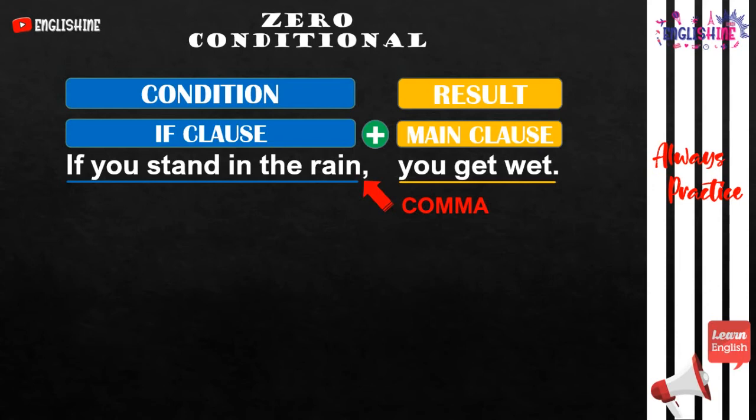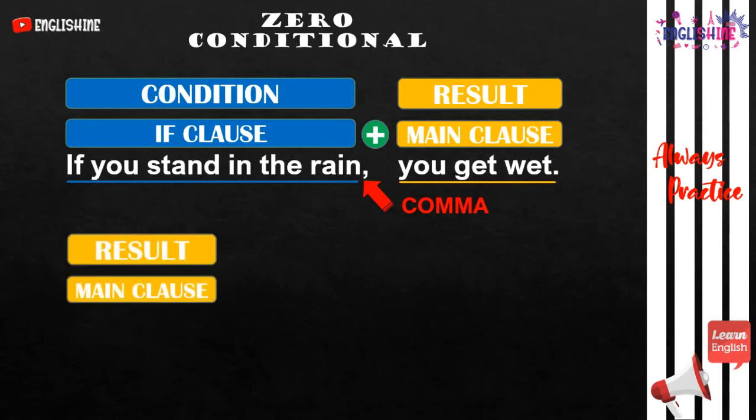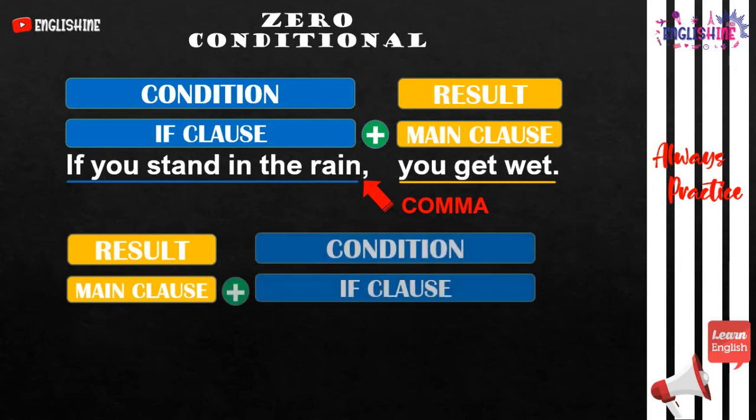But we can also change the order of the sentence and have the main clause, the result, before the if clause, the condition. How can we change our example sentence? If you stand in the rain, you get wet. How can we change it to this order?